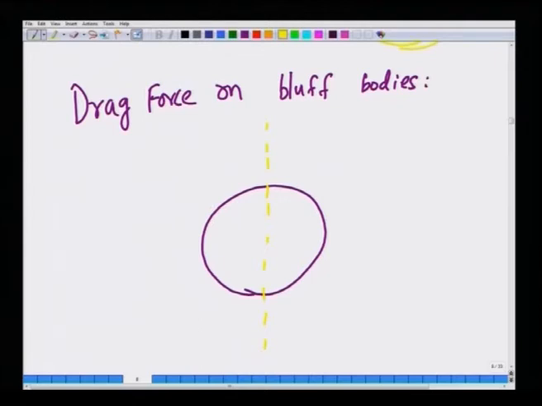Suppose you consider a flow past a cylinder, let us say, and this is the potential flow velocity profile, which is completely symmetric about the fore and aft of the cylinder. But what happens in reality is that when a fluid particle goes from here to here, it is facing favorable pressure gradients.